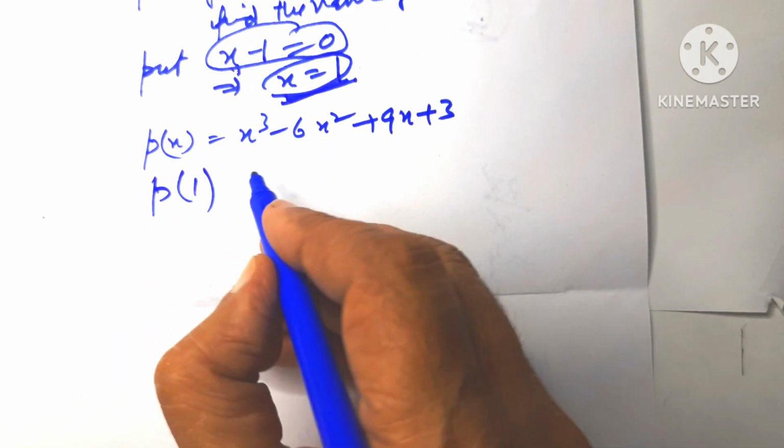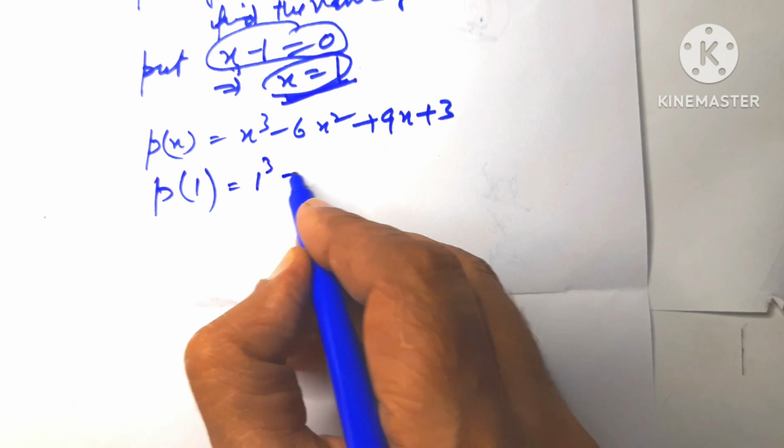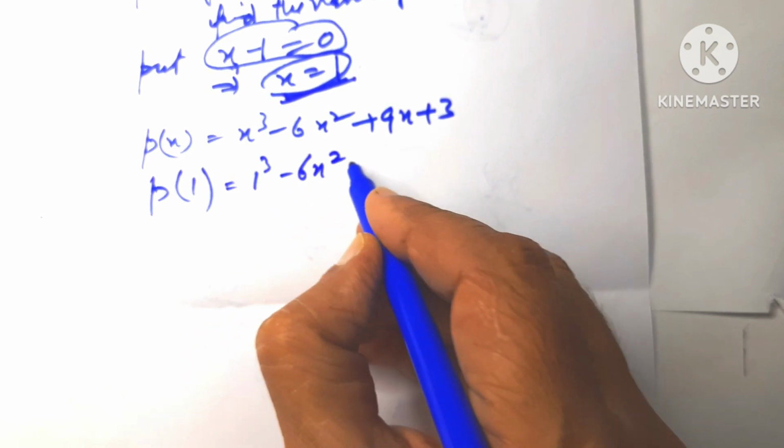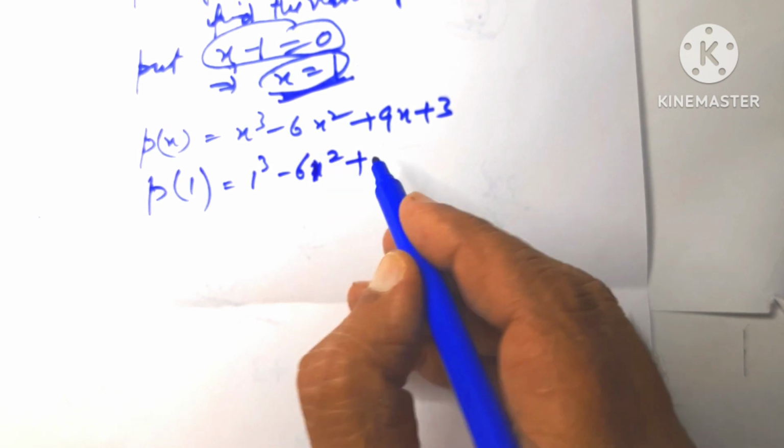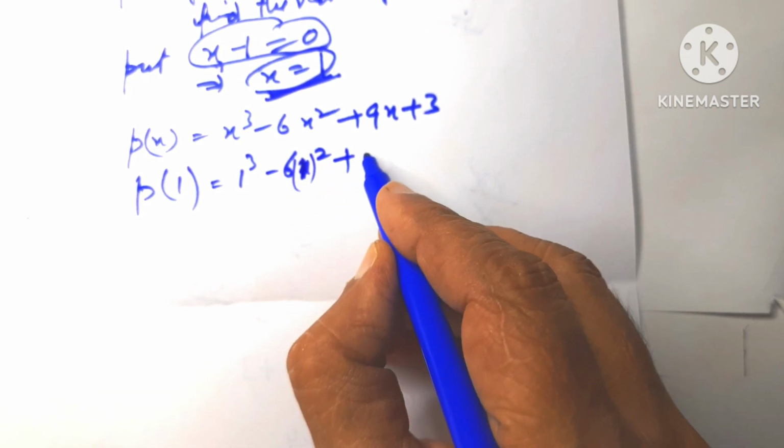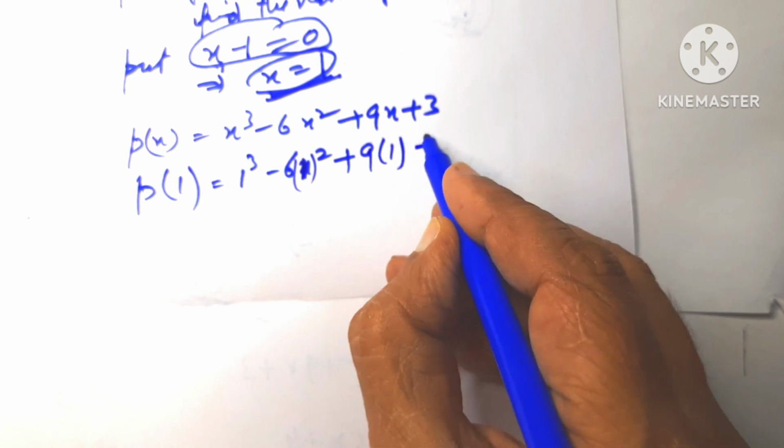Find P1. This is equal to 1 cube minus 6 into 1 square plus 9 into 1 plus 3.